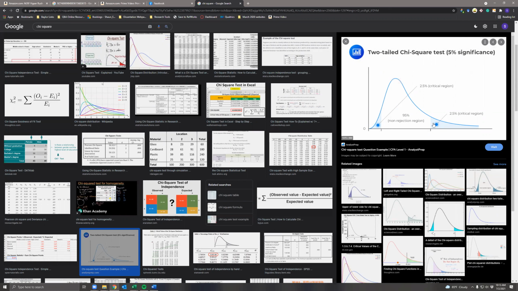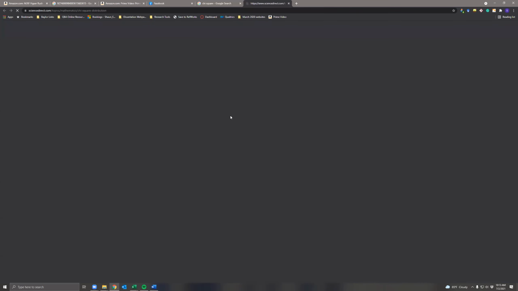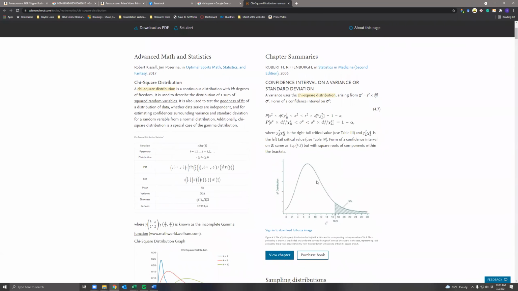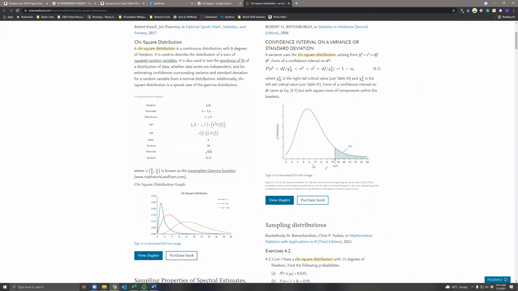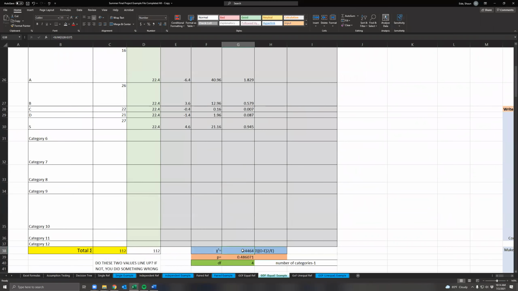And so the critical region is over here, so this is a little bit different than what you've been doing. This is probably a better way to look at it, but the chi-squared distribution, and so what we got is somewhere right in here. And then our region of rejection is 13.44 or greater. See if I can make this a little bigger. So 13.44 or greater is what our region of rejection is. But since we got ours at 3 point some odd right there, we're able to see, okay, we're not going to reject the null hypothesis.